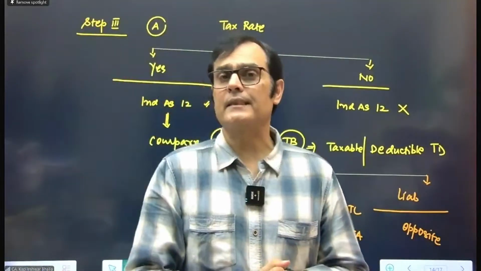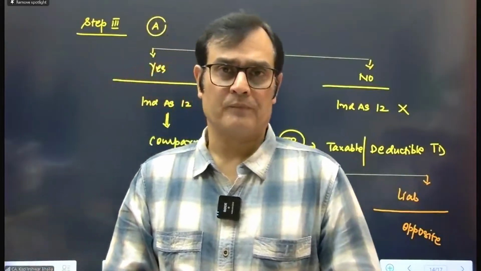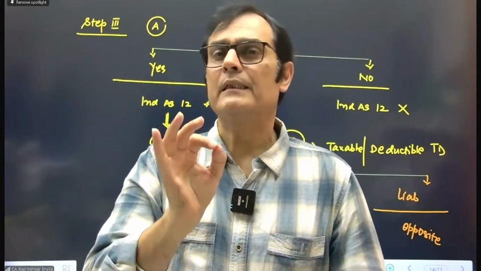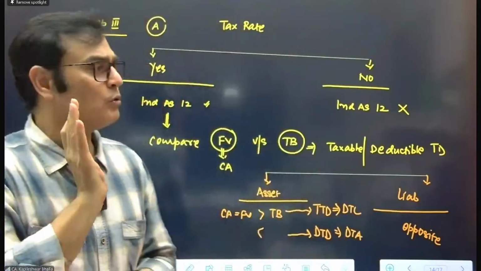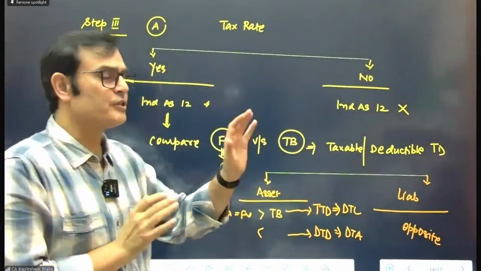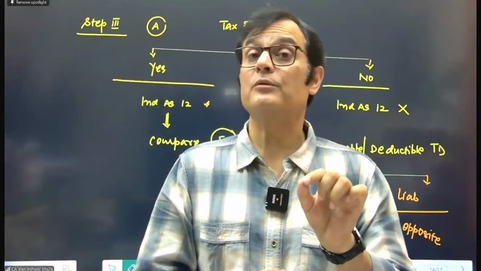Identify all those assets and liabilities whose fair value and whose tax base are different, because we need to get the taxable and deductible differences and consequently the DTA and DTL for all those assets and liabilities whose fair value, that is the book value, differs from the tax base. This is one exercise which you need to do before you get to step number 3B.